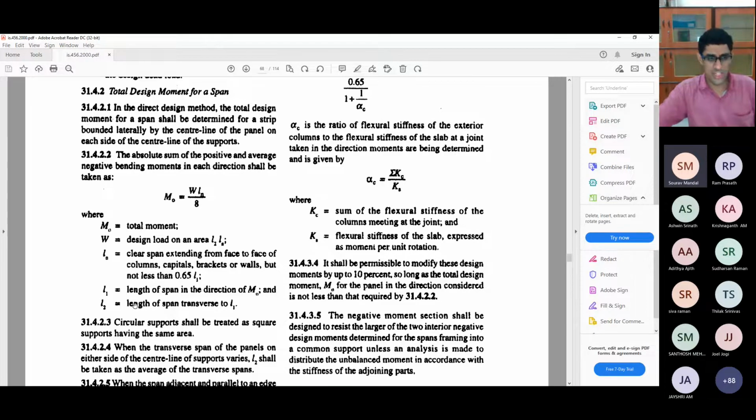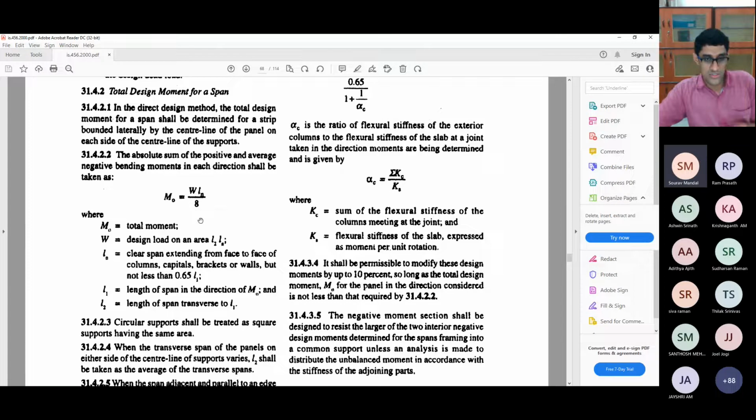If I want to find the x direction moment, then L2 is the y direction span. Ln is the clear span extending from face to face of the columns, capitals, brackets or walls, but should not be less than 0.65 L. So Ln is in the direction in which you are finding the moment. L2 is transverse to the direction in which you want to find the moment.